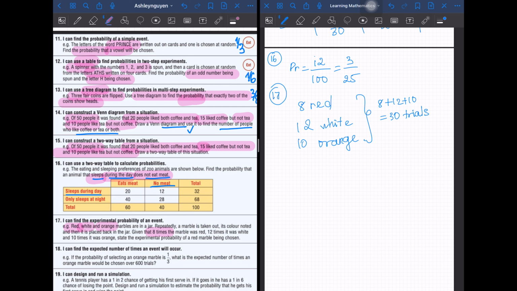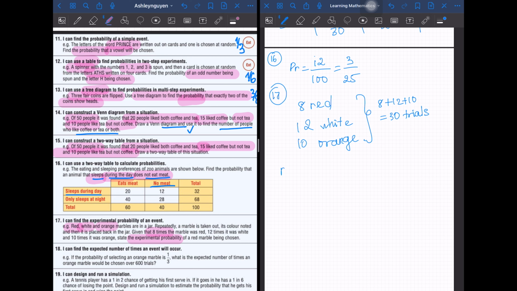So that one comes to experimental probability. Experimental probability, quickly explained, is found by repeating an experiment and observing the outcome. Alright. So state the experimental probability of a red marble being chosen.